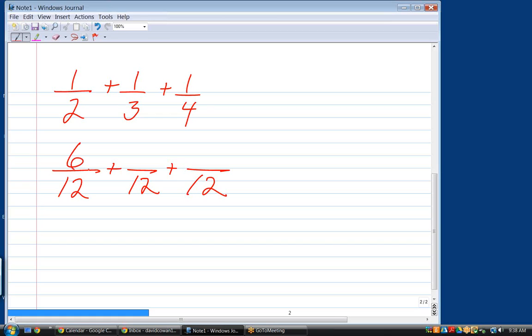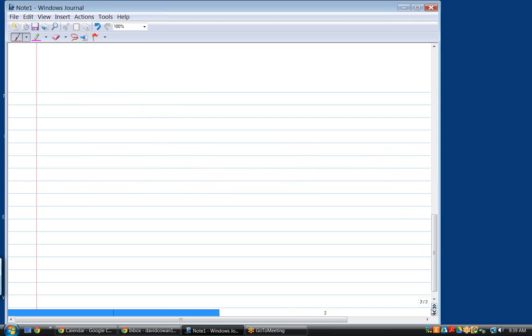What goes in this numerator? 4. And this one? 3. So the answer? 13 over 12, or 1 and 1/12. Yeah, either one is acceptable. Okay, cool.